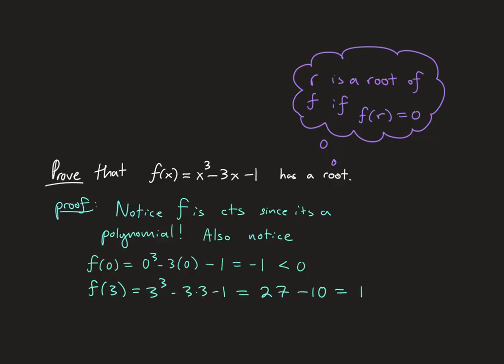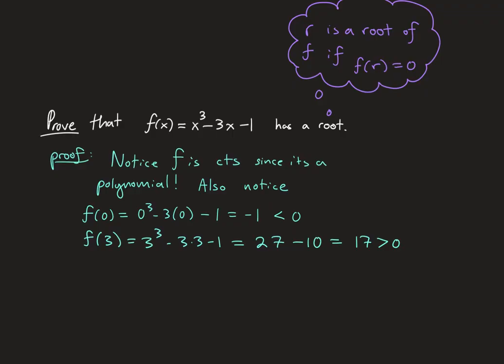That is equal to 17, which is bigger than 0. So f spends some time below 0, and f spends some time bigger than 0, but f is continuous. That means that f has to cross the horizontal x-axis. All right, so here's what we said. Let me draw this in purple.